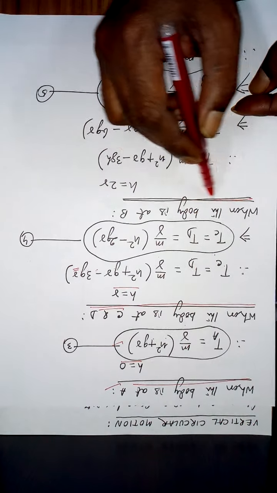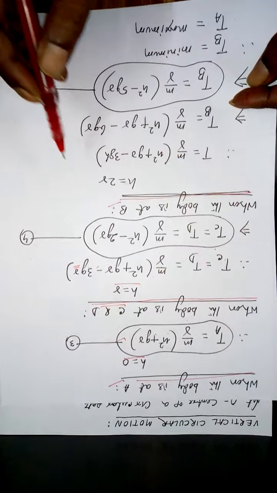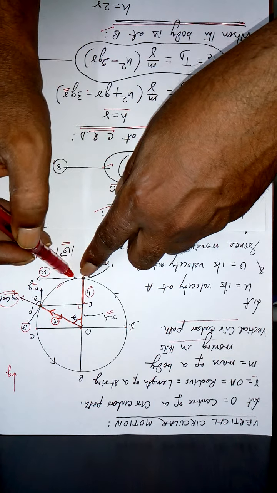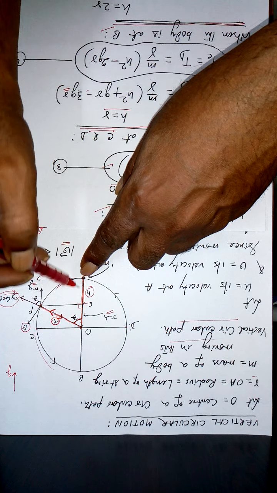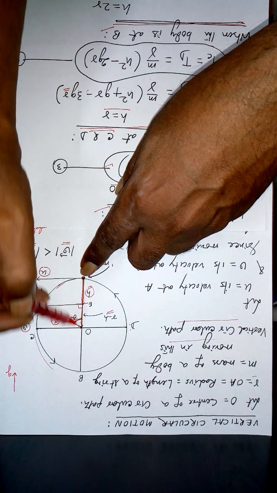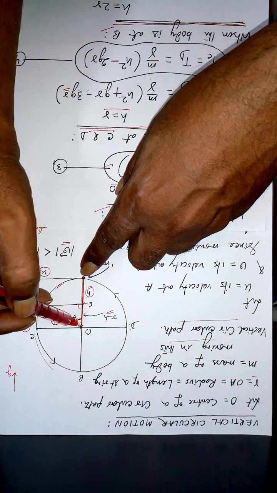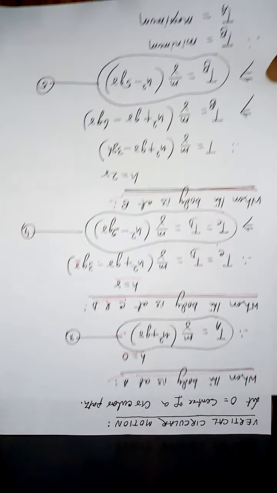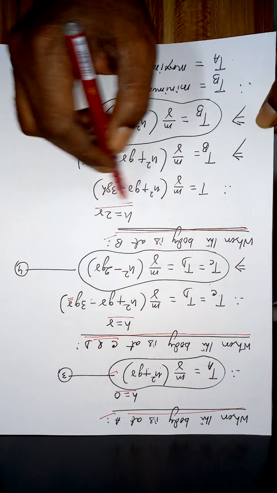Now when the body is at B, that is the highest point, H is from this point to this point, that is R plus R, 2R. So when it is at B, H is equal to 2R.